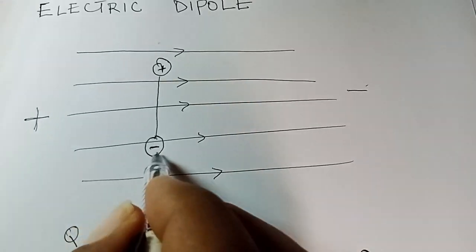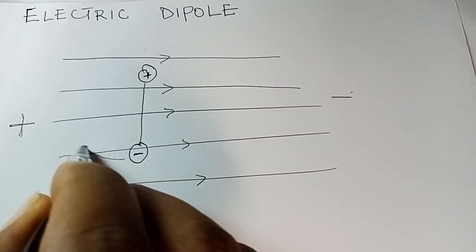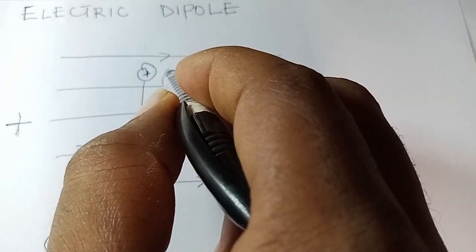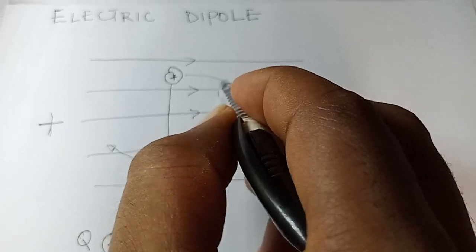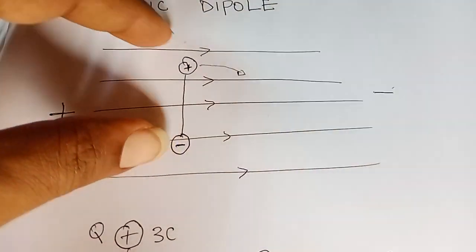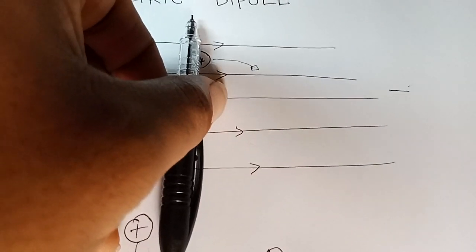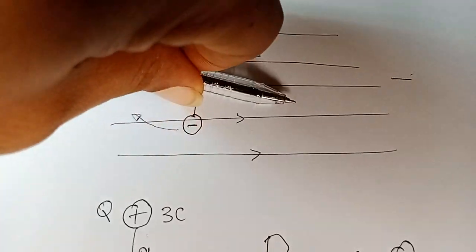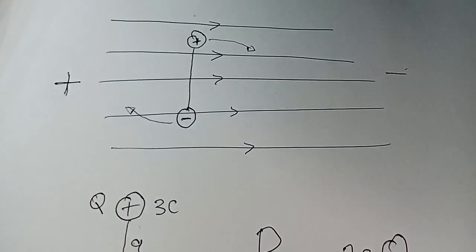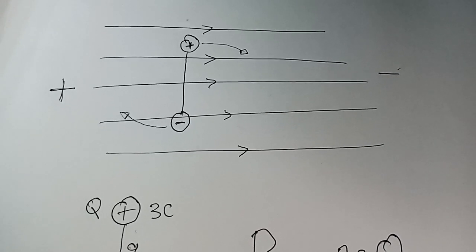So the negative charge of the dipole shifts toward the positive, and the positive charge feels a force that shifts toward the negative. The dipole feels this tendency to turn, and that is actually called torque.